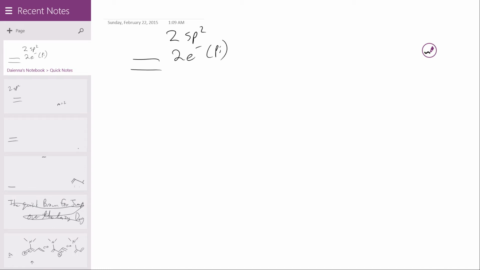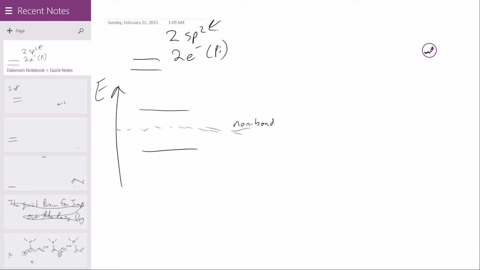So we're going to draw two energy levels because we have two sp2 hybridized carbons. This scale is our energy axis. And we're going to draw this dashed line in the middle to represent a non-bonding level. For each carbon that's sp2 hybridized, we'll draw a dot on this line, which is where our orbitals will be.